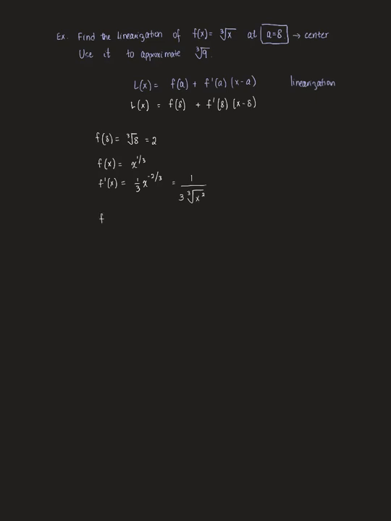And we need to evaluate the derivative when x is 8. So I'm going to put 8 inside of the derivative. That gives us the cube root of 8 squared. The cube root of 8, I can do that first. That's 2. 2 squared is 4, and 4 times 3 is 12. So that's 1/12.